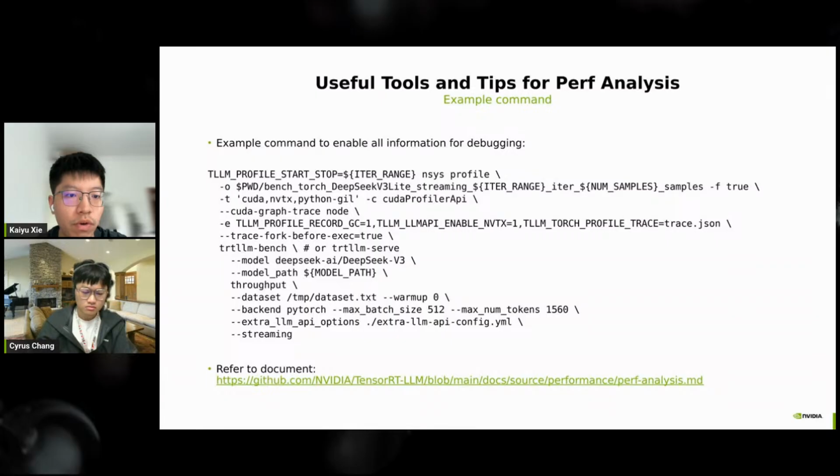You could also refer to the document that I put in the link, but I'll go through some of the most important environment variables and arguments involved in this command.